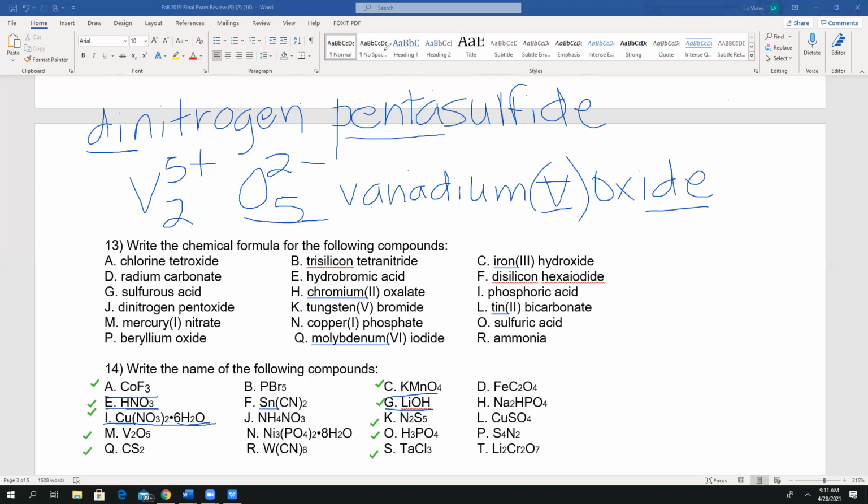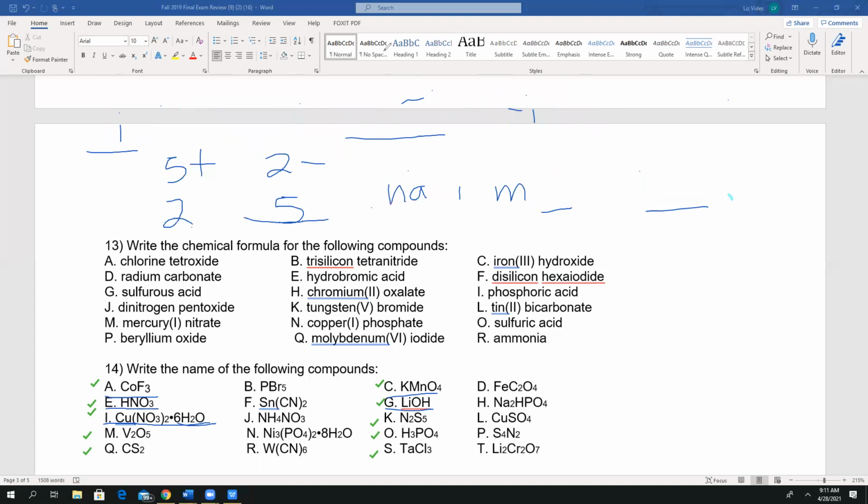Okay. And then the next one, where are you? Oh, H3PO4. Okay, let me erase these. H3PO4 is an acid. How do we know? It starts with H, right? And PO4 happens to be phosphate.